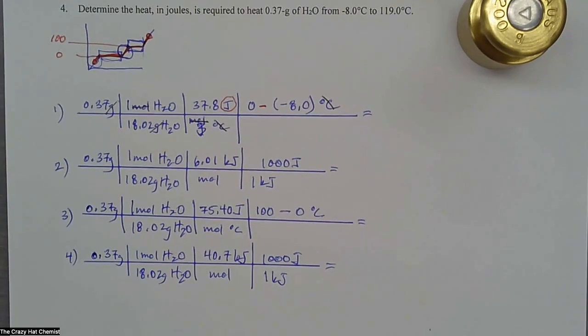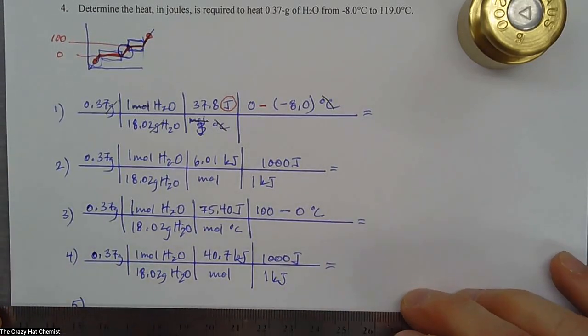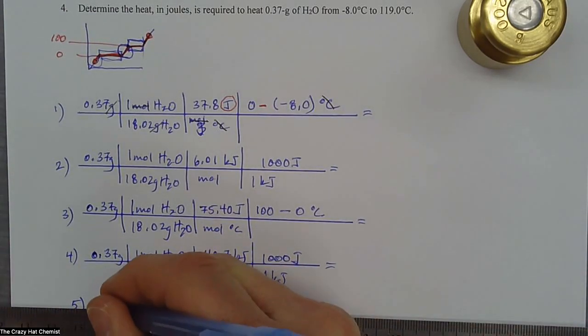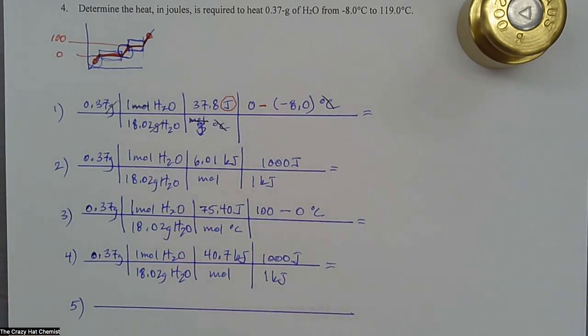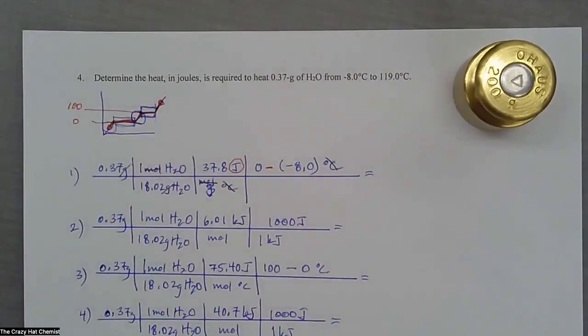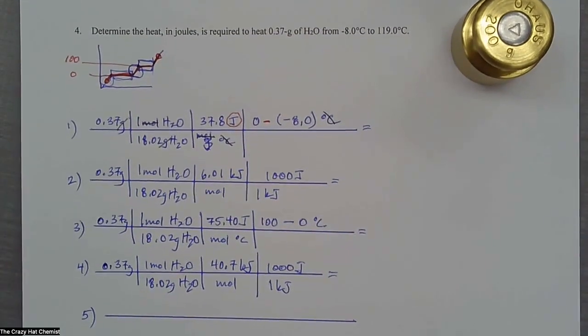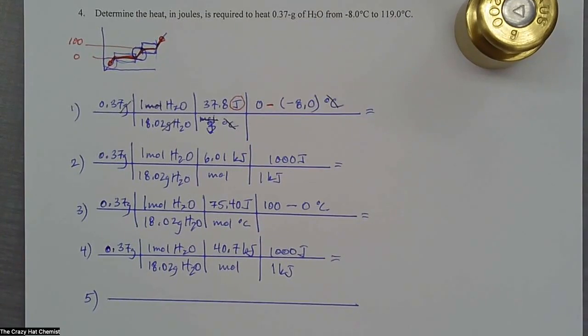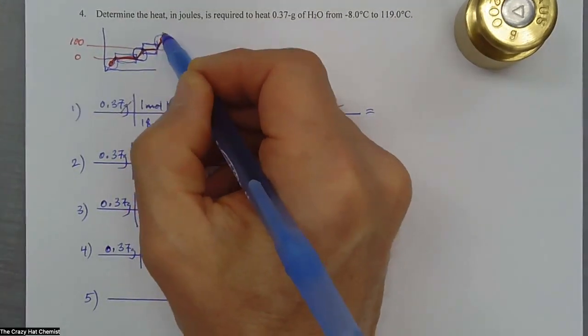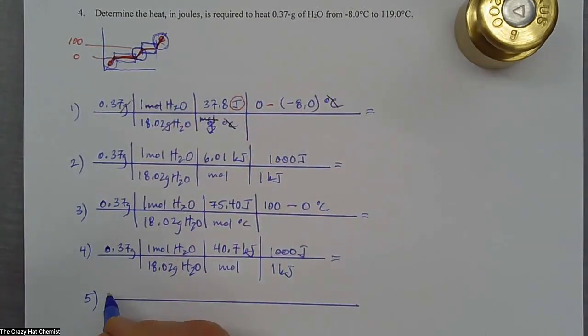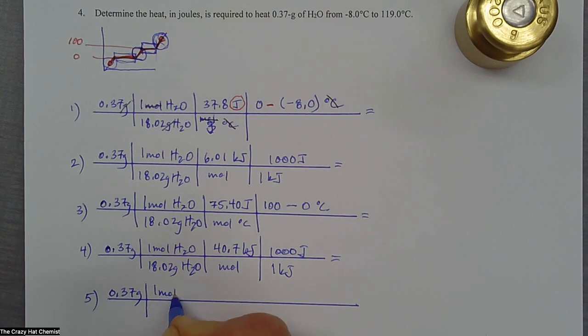All right. And then we have one more step. That's step number 5, the final step. And let's see if we can knock that one out of the park here. And let's see, I'm going to just zoom out a little bit so that we can get this whole thing on one. That's our goal here. All right. So where are we on the graph? We are on this section on the graph right there. So we're going to have 0.37 grams. 1 mole of H2O and 18.02 grams H2O.